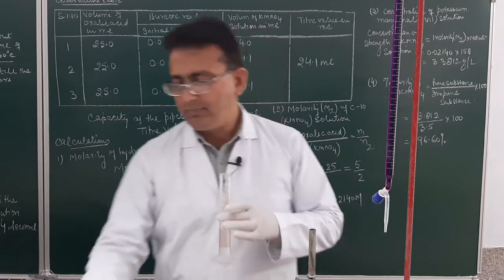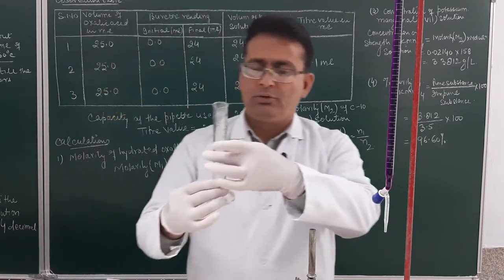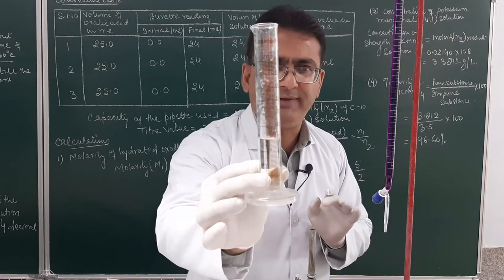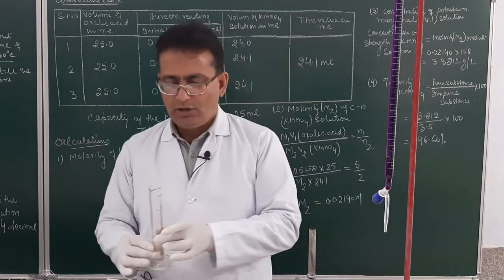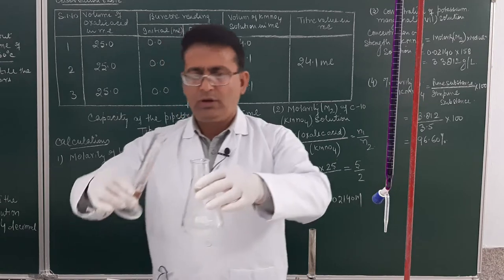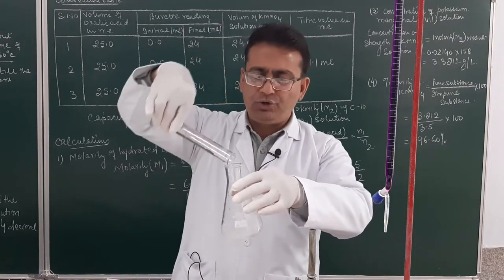You may see over here, up to 20 ml I have filled this dilute sulfuric acid. Now this dilute sulfuric acid will be added into the conical flask.